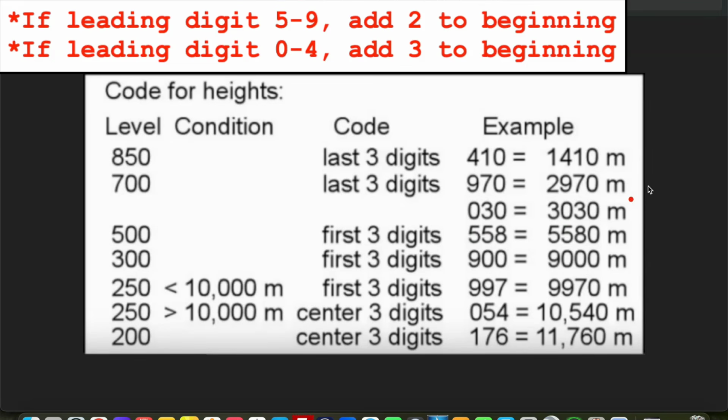So you can see in this first example, 970, that first digit is between 5 and 9, so we would just add a 2 to the front of that to get our geopotential height value at 700 millibars of 2,970 meters. For this second value here, 030, we see that that first digit is between 0 and 4, so we would add a 3 to the beginning of that to get our final geopotential height value of 3,030 meters.